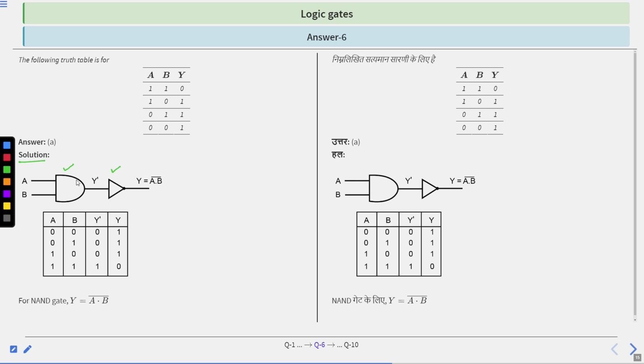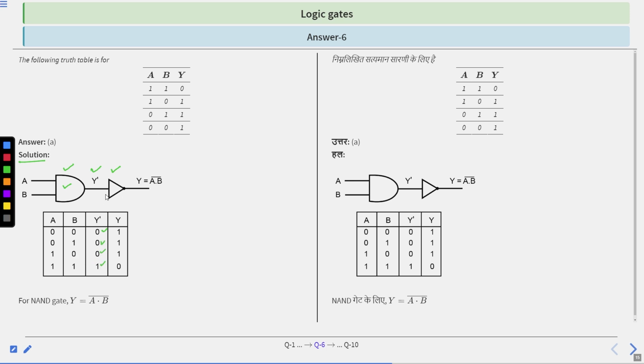For the AND gate there are two inputs, and the possible combinations are 00, 01, 10 and 11. Y prime is the output of this AND gate, so the output will be 0, 0, 0 and 1.